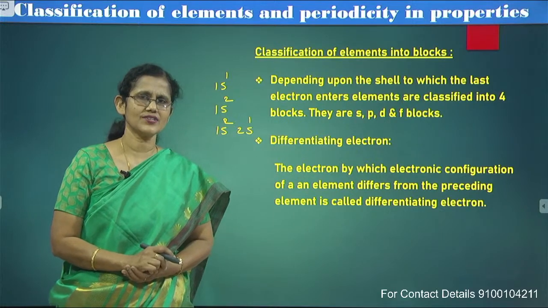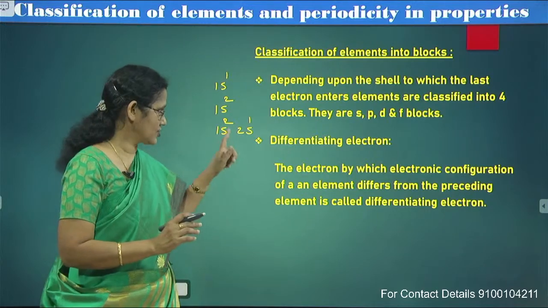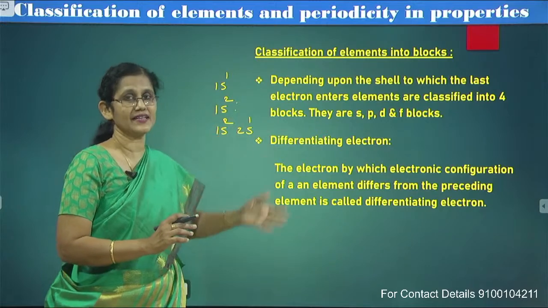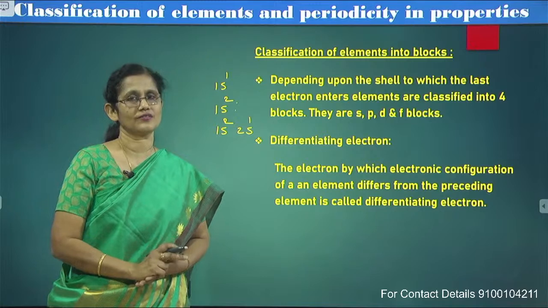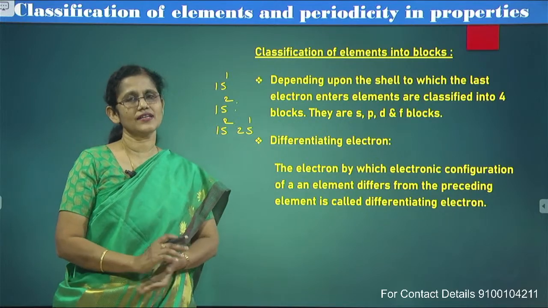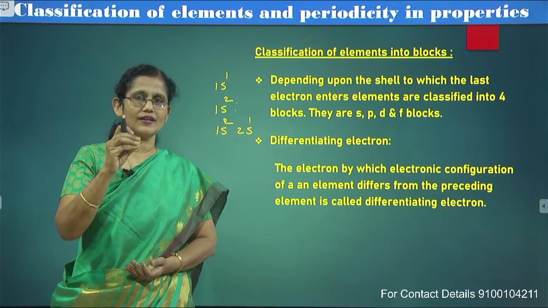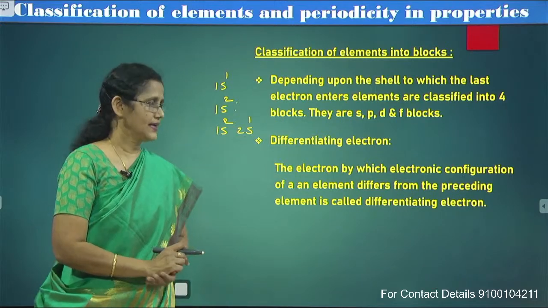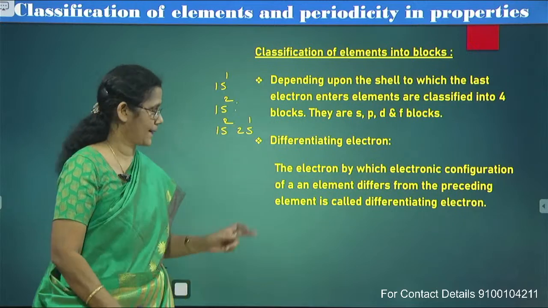Based on the entry of the differentiating electron into various orbitals, that is, which orbital the last electron enters, elements are classified into 4 blocks.